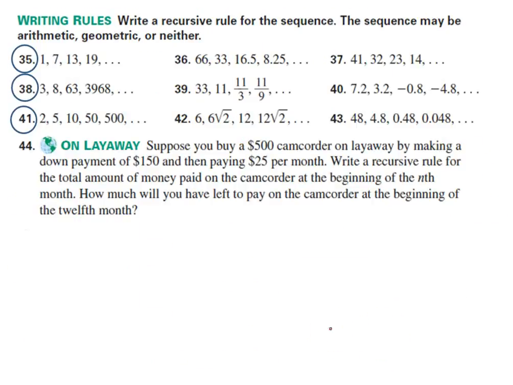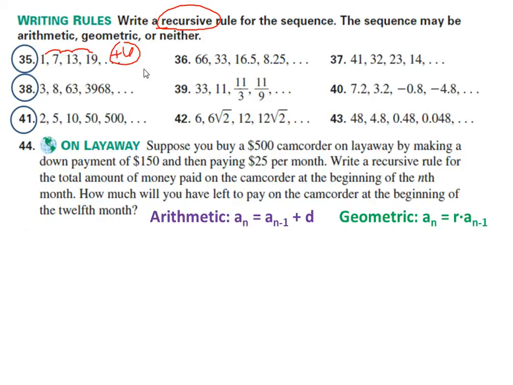Now, three more easy ones. Write the recursive rules. So all we want is recursive here. Well, first thing is you have to figure out what it is. 35, is it arithmetic, geometric, or neither? What do we have? Plus 6, plus 6, plus 6. So if we're adding 6 every single time, 35 is arithmetic. And if I were to ask you what d would be, d would be 6.